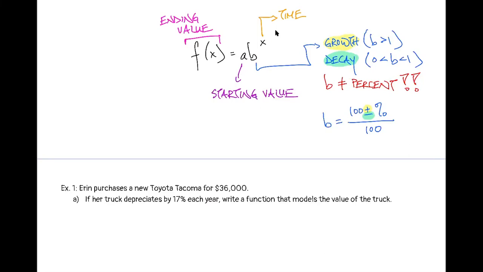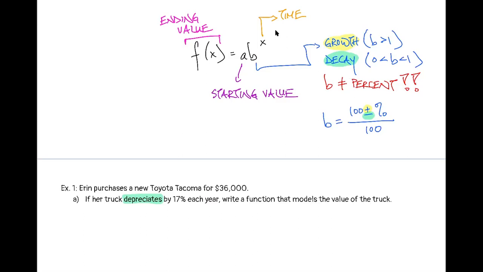And most cars, with a few exceptions, like some of the more classic cars, if you're into classic cars, those values definitely go back up. But in general, cars lose value over time, okay? So we have a fancy word for that here. It says if her truck depreciates by 17% each year.